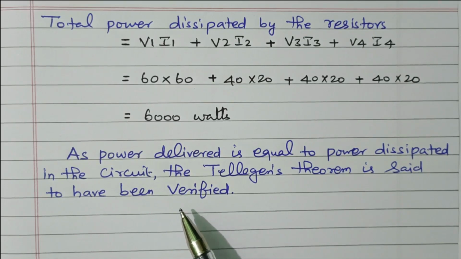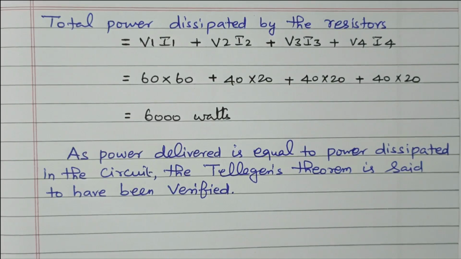So in this problem, we verified Tellegen's theorem. First we calculated the voltage across each and every element, the current through each and every element, then the power delivered by the source, then the power absorbed by each and every element. We observe that both are equal. So Tellegen's theorem is verified.